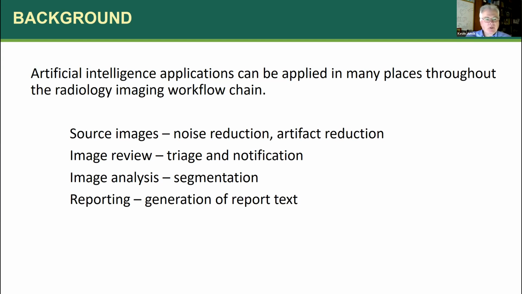So for example, starting with source images, we've been recently working on a project here at UAB that involves looking at MR acquisition time and being able to reduce parameters on MR sequences to make noisier images, but we can acquire them a lot faster. And then in post-processing with artificial intelligence, clean up the noise, improve the spatial resolution to make them look pretty again.